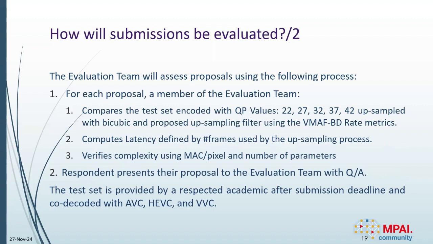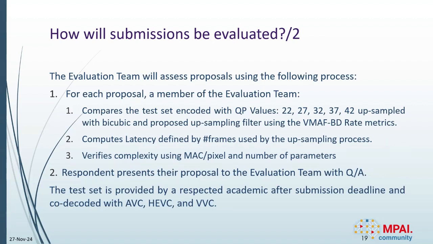Technically speaking, this is the process. For each proposal, there will be a member of the evaluation team, and note that this member can very well be a submitter, of course not the submitter of the proposal that is being evaluated in this context.